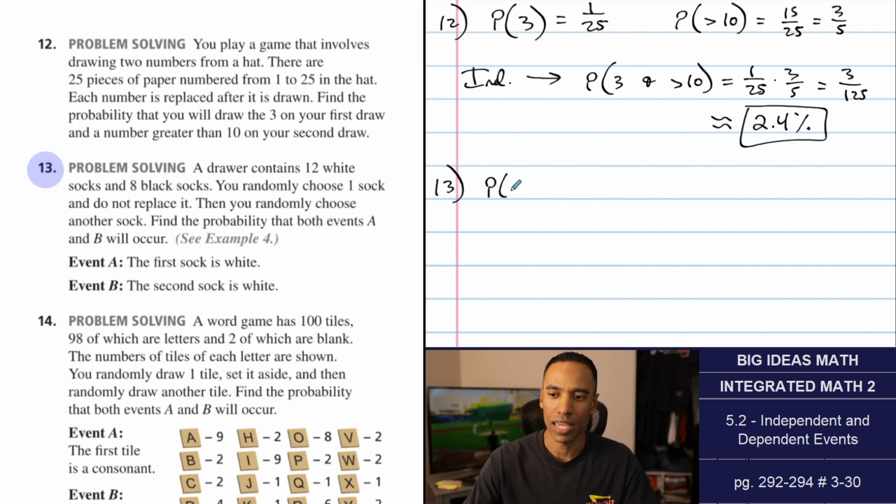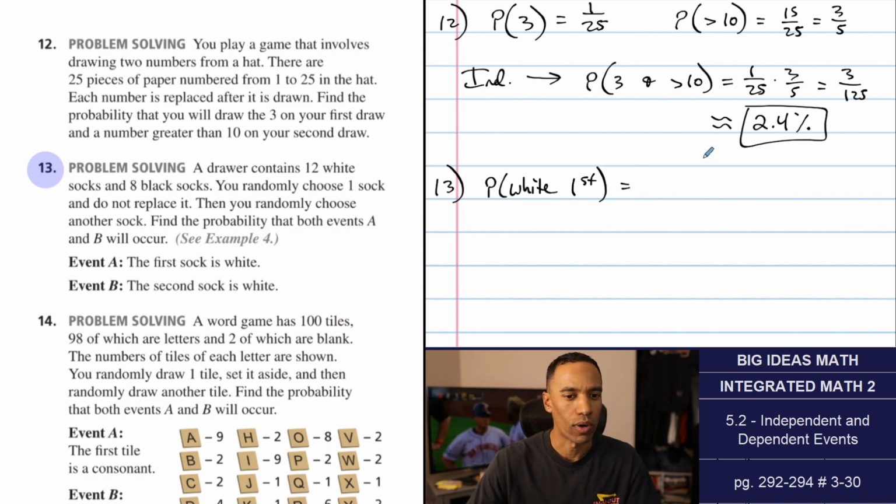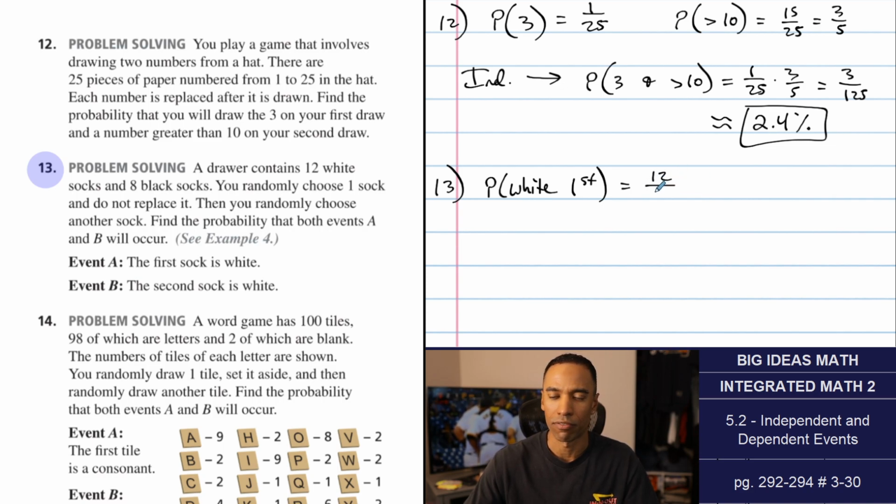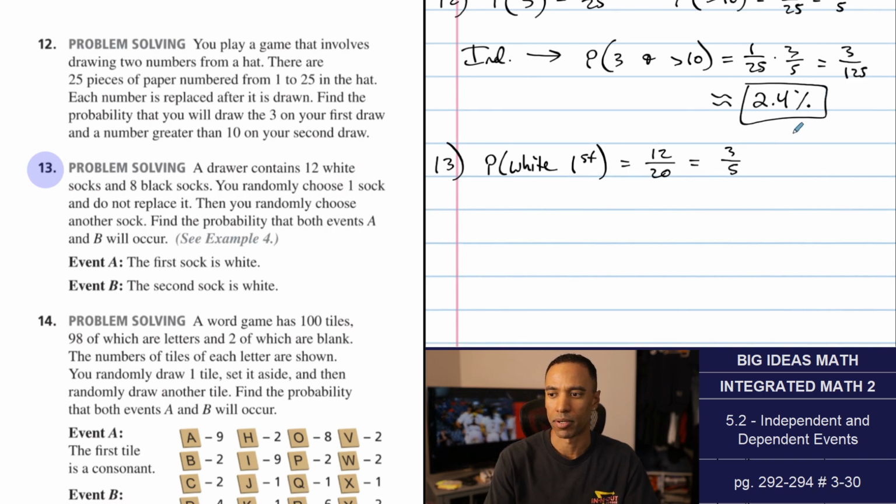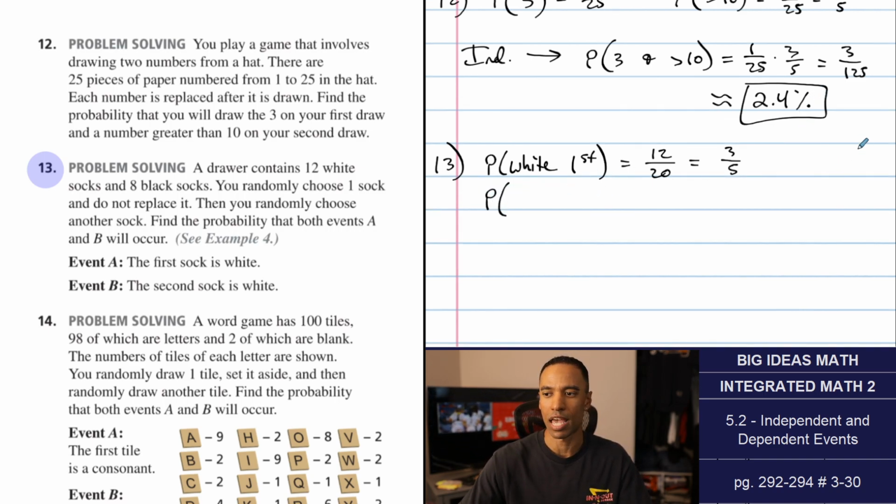So probability of a white sock on the first one is going to be 12 white and 8 black. That's 12 white socks out of 8 plus 12, 20 total socks, which reduces, divided by 4, to 3/5. A lot of 3/5 coming up here. The probability of white second: this is a different set because this is going to be dependent.